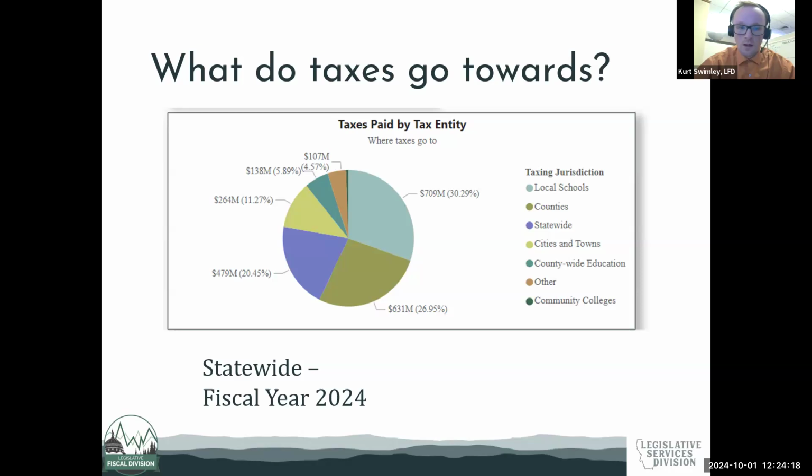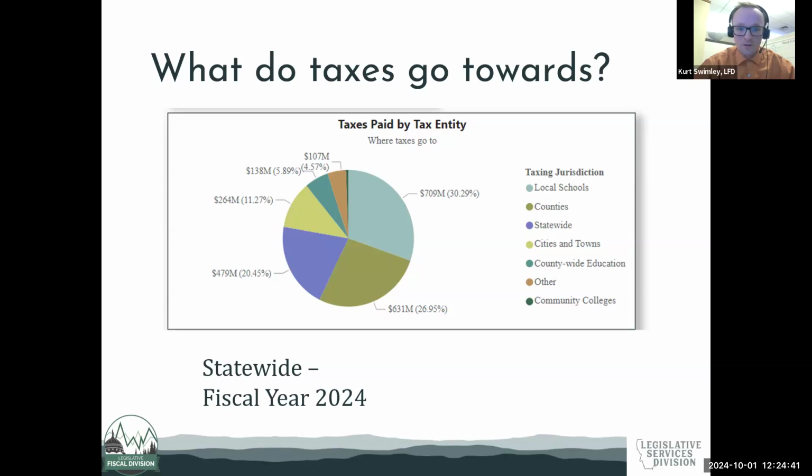One thing I'll note here is the statewide proportion is the 95 mills, and this ultimately ends up being redistributed towards schools as well, based on the state school funding formula, which we'll get into at a later date. But if we count that, one thing to note would be that the statewide portion does ultimately fund local education as well.